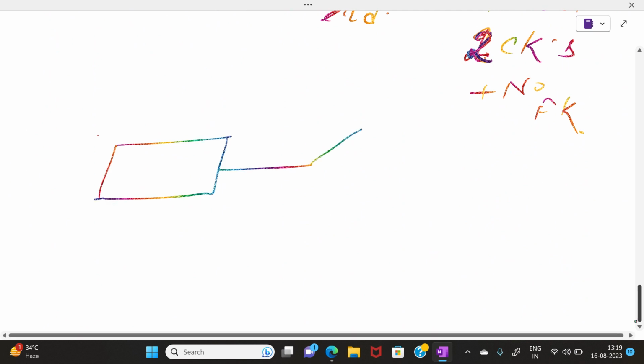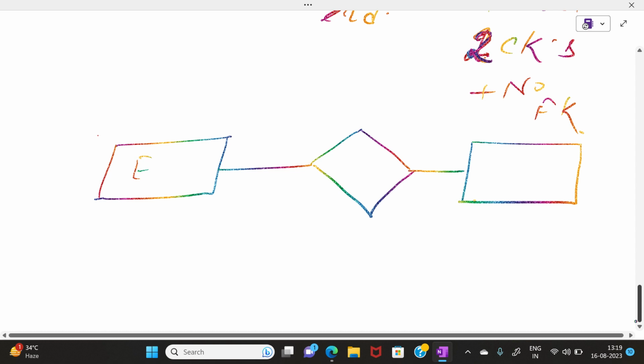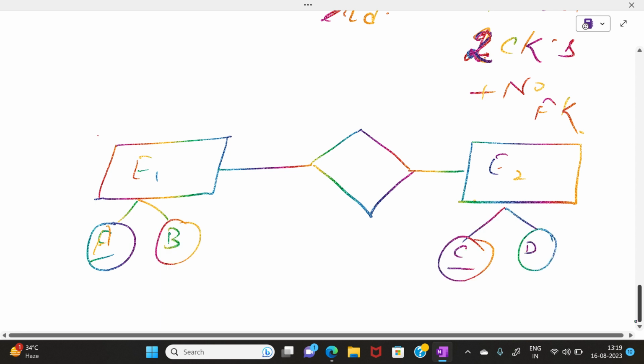Okay, so this is one basic overview of how the entity relationship model could be converted into minimum RDBMS tables. We already have seen earlier that if we have these two entity sets and it is a 1:1 mapping, but we have partial participation at both the ends, right? Let's say this B and C and D, it is 1:1 mapping only, but we have the partial participation at both ends.